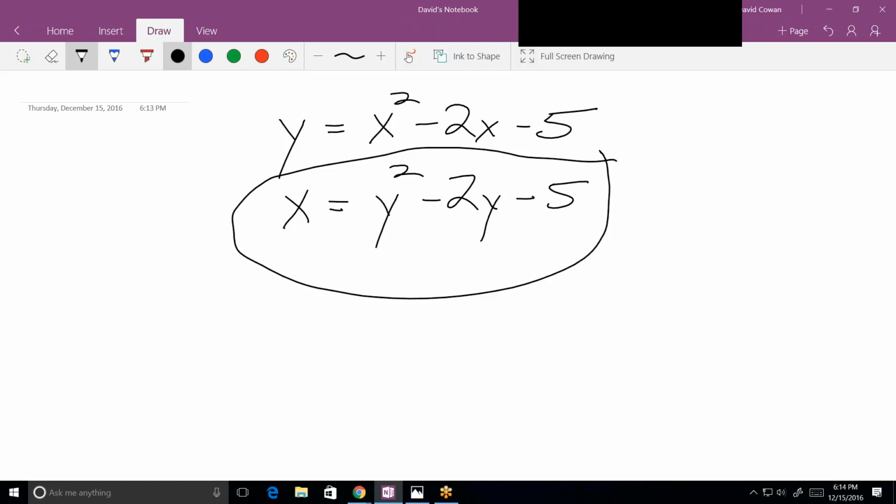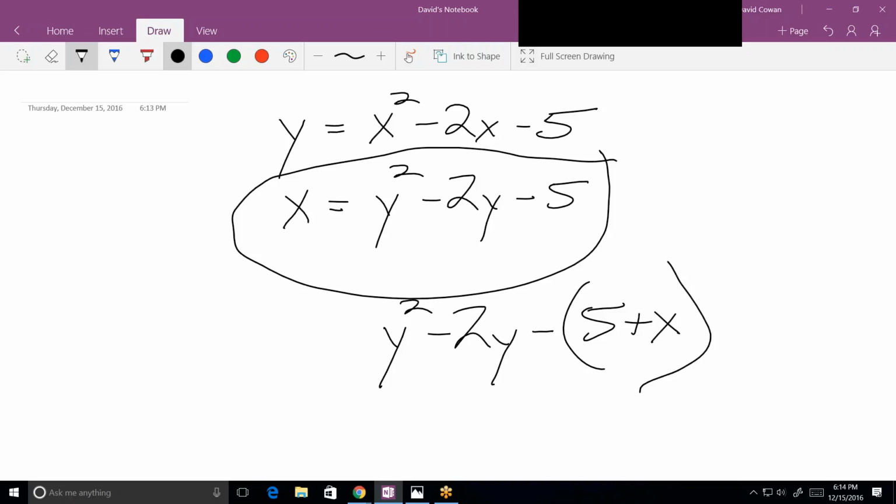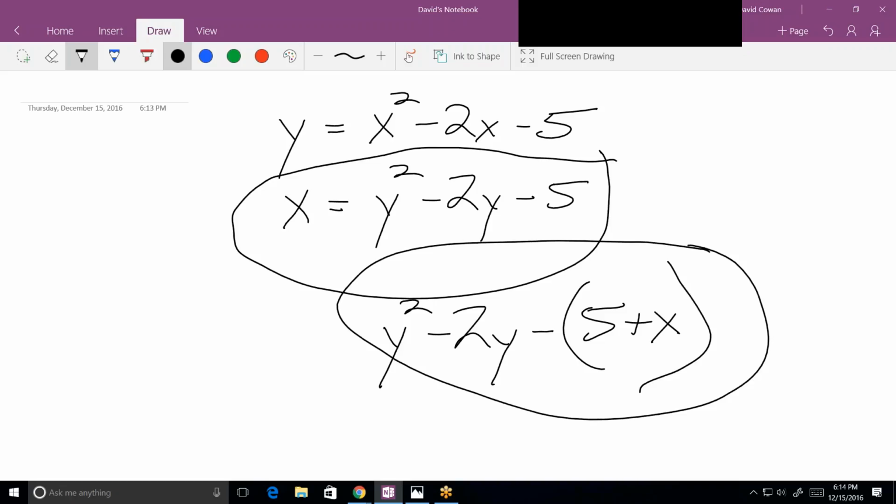Notice how I could solve it for y. If I treat x as a constant and bring it over to the other side, now I've got y squared minus 2y minus 5 plus x. Now I can apply the quadratic formula to that, and it's all equal to 0. So I could actually solve for y by using the quadratic formula, but this is c.